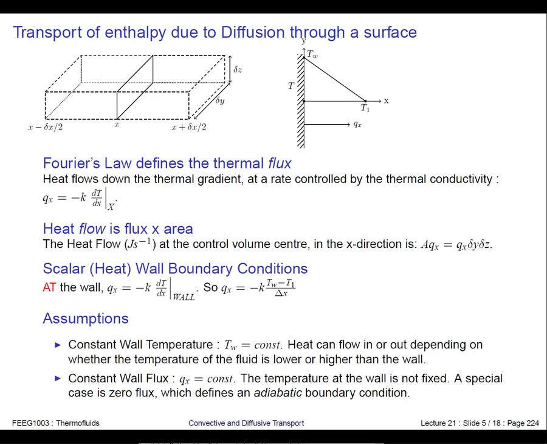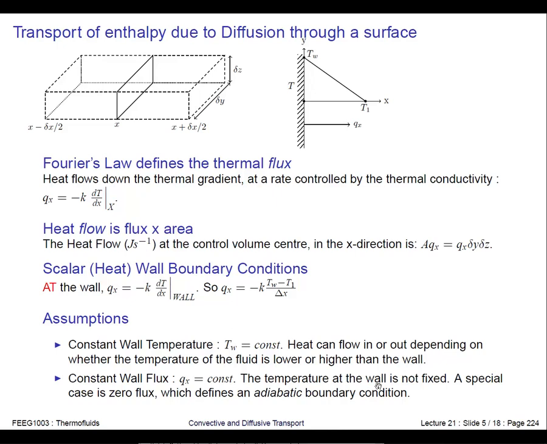Okay, so that means the temperature of your wall is effectively changing over time, and what's happening is the gradient at the wall is always the same, and because the gradient at the wall is always the same, you've got constant flux.